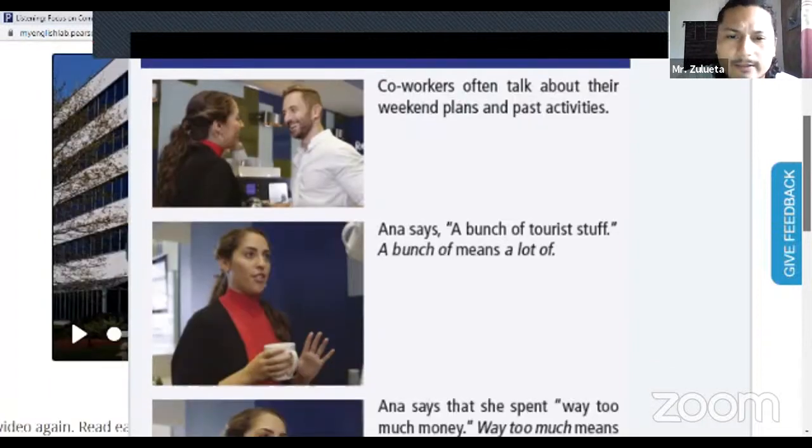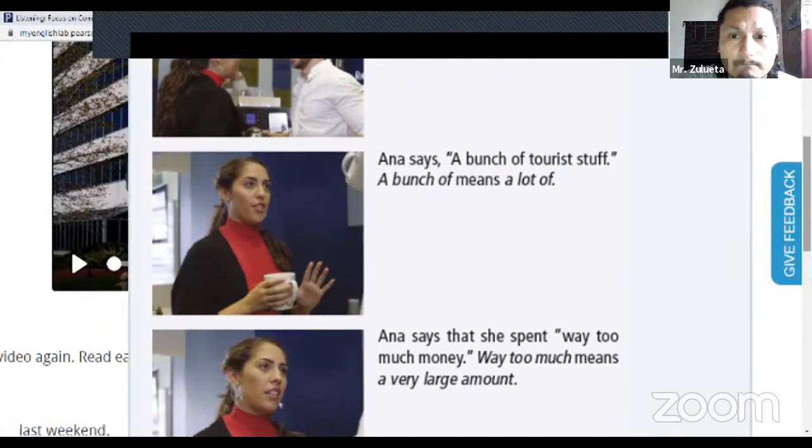Okay? Here, another one. Anna says, a bunch of tourist stuff. A bunch means a lot of. And well, a lot of is a quantifier that we also learn on Unit 3. A lot of sugar, a lot of money, a lot of oranges. So you also remember that this quantifier is for both countable and uncountable.